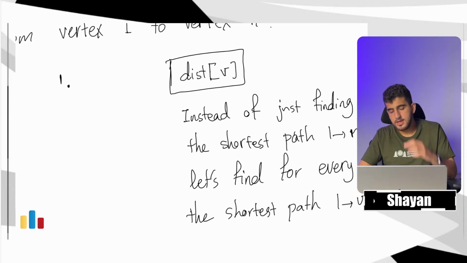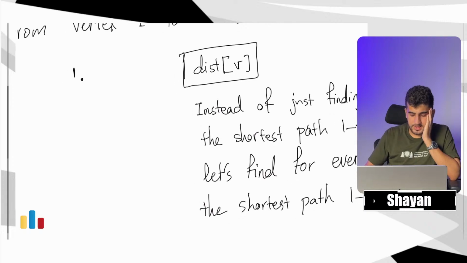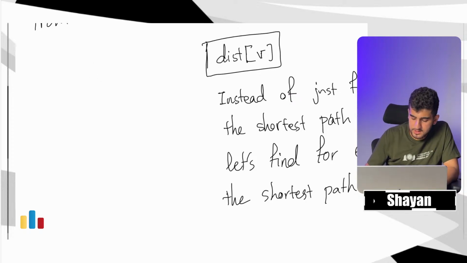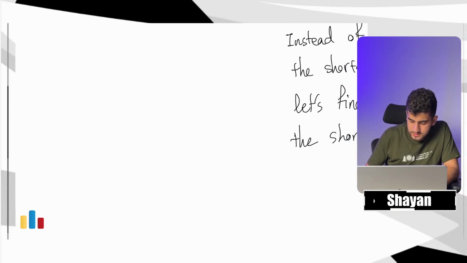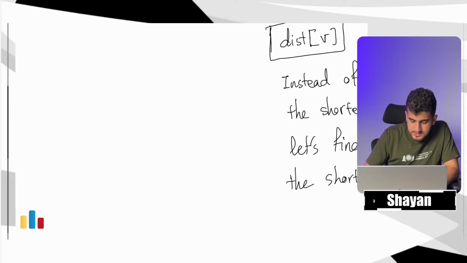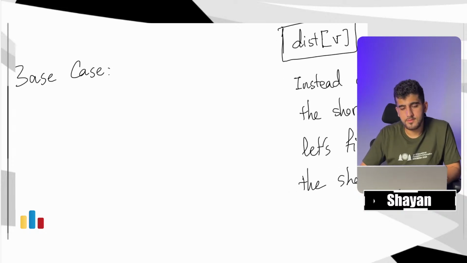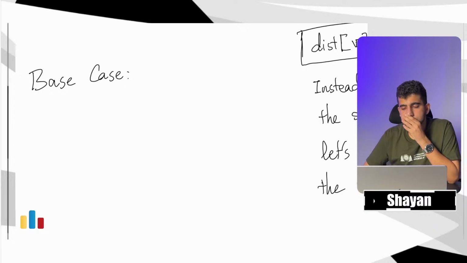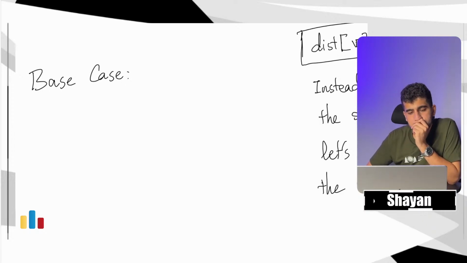Well, here the point is that when I start from vertex 1, can you say what the base case is here? Let's just solve it together. Can you help me and let's find out what the distances are. What is going to be our base case here? I mean, what is the first vertex whose distance I know?